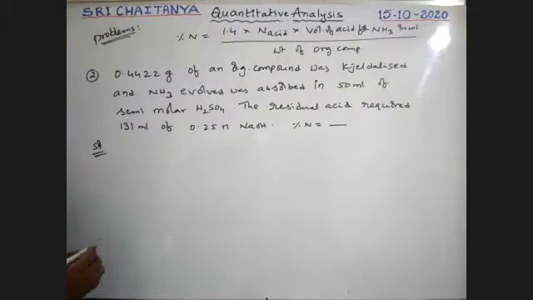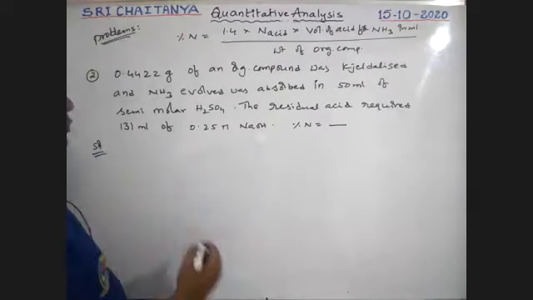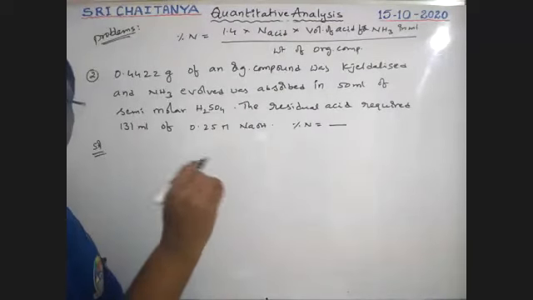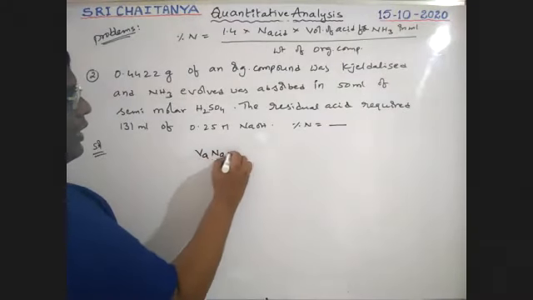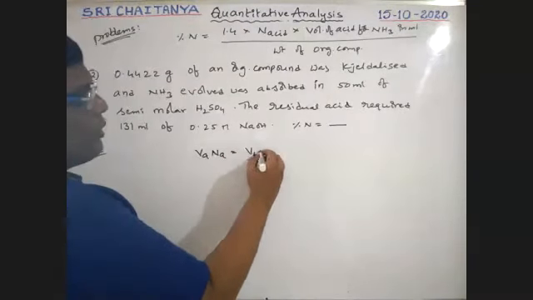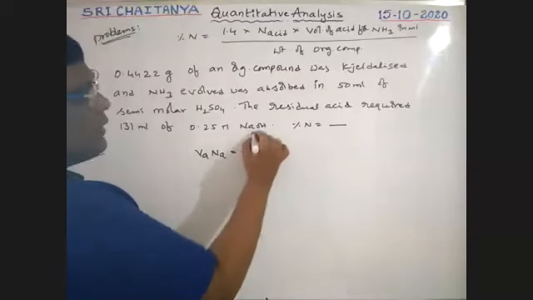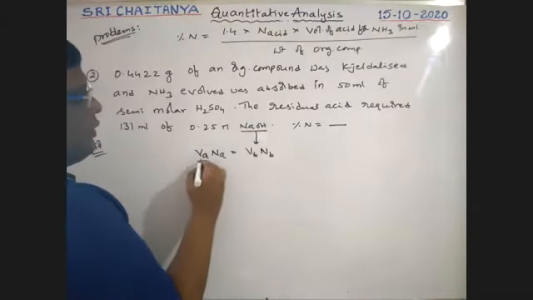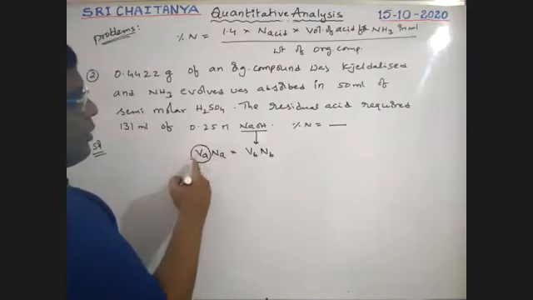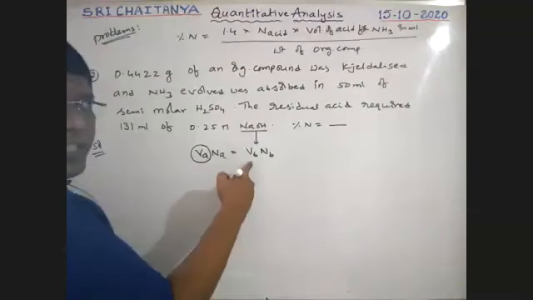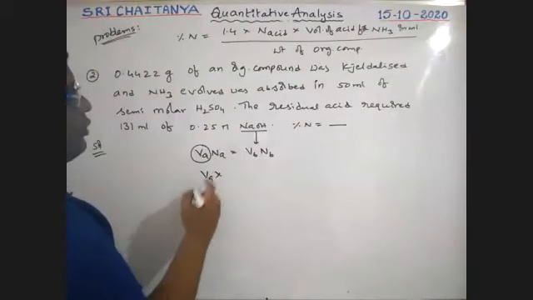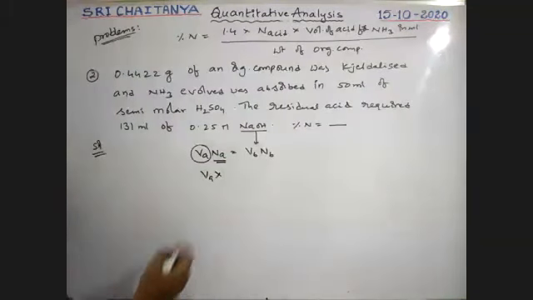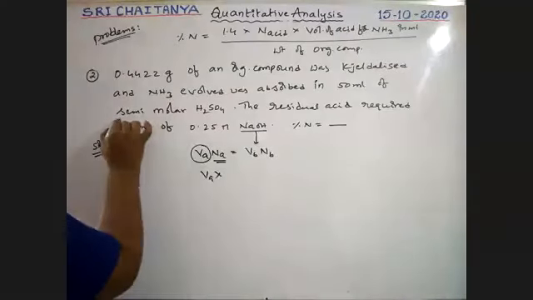For the NaOH condition, volume of acid times normality of acid equals volume of base times normality of base. So I am trying to find out how much volume of acid is used for NaOH. Volume of acid into normality of acid: how much is the normality of acid given to you? Semi-molar.